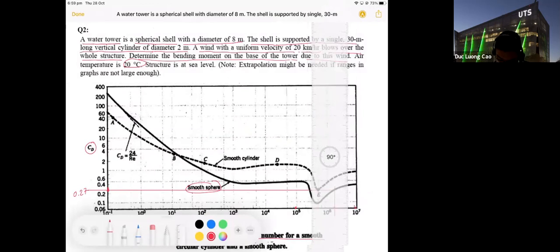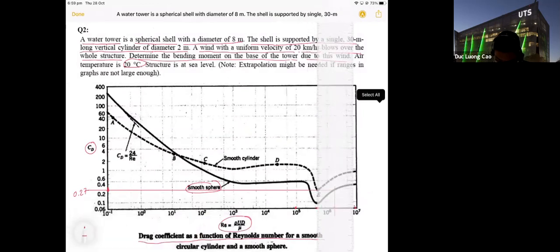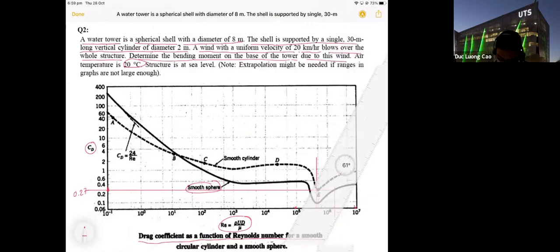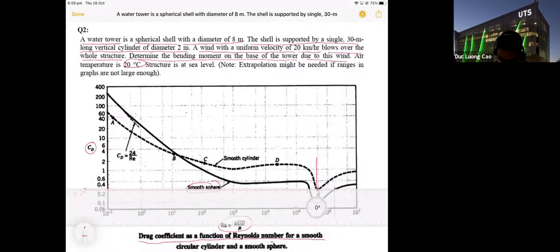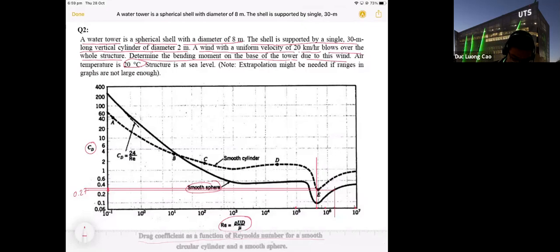You draw a vertical line. After that is the horizontal one. It's higher than the CD of the sphere.